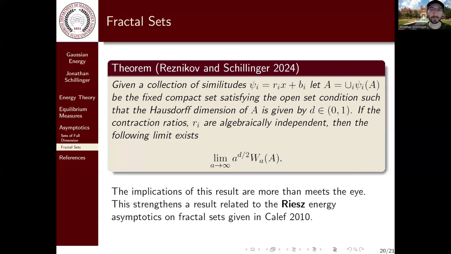But not only that, this implies the Riesz result that Calef found in 2010, which was specifically for the Hausdorff measure and relied on some knowledge of the Hausdorff measure on fractal sets.